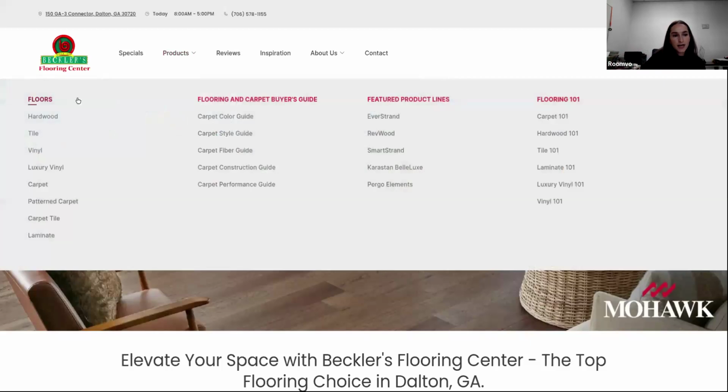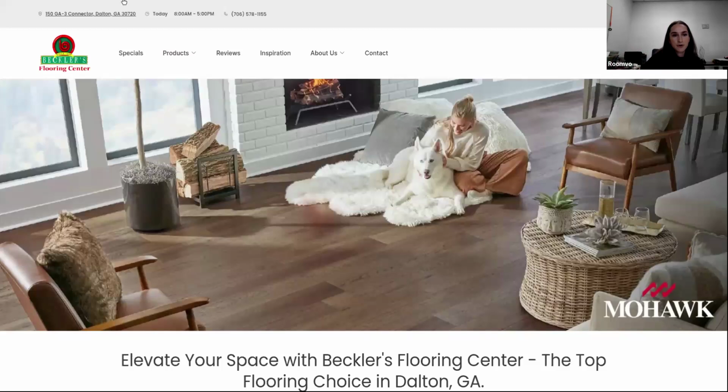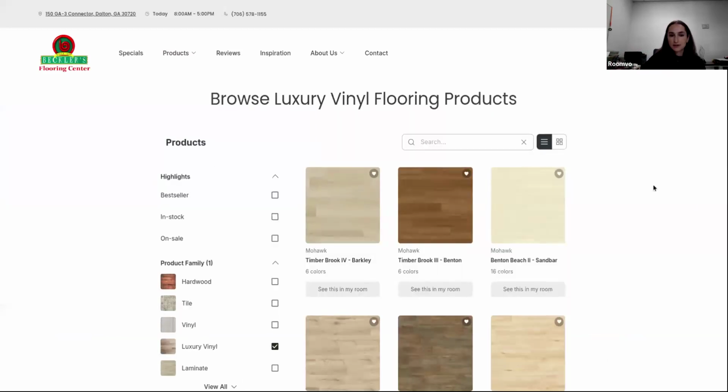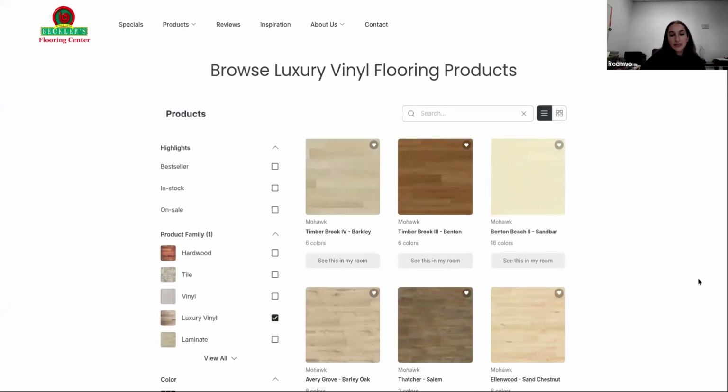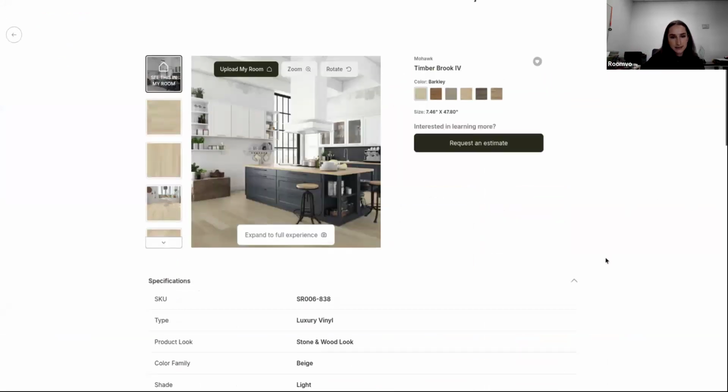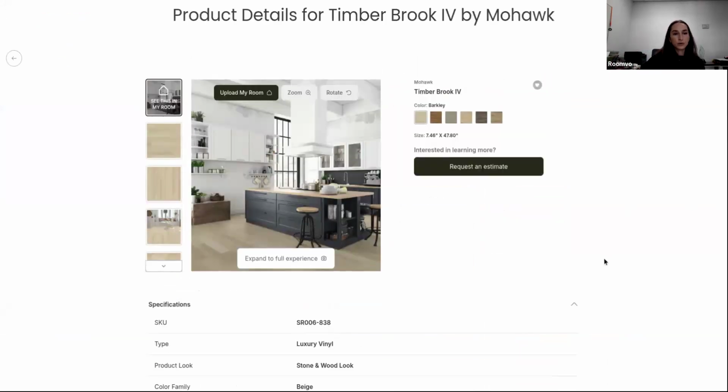We click on products and click on floors or hardwood, for example, and we're brought into their product catalog. So we can browse their luxury vinyl offerings. From their product listing page, you can click on any one of these product swatches and it takes you to the product display page where you'll see Roomvo Direct lives directly in the product carousel.